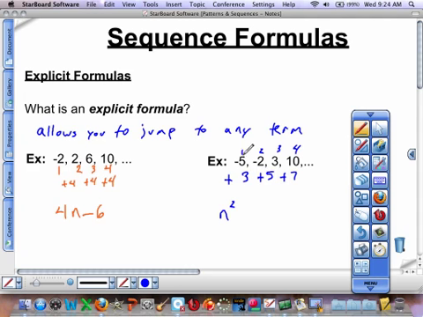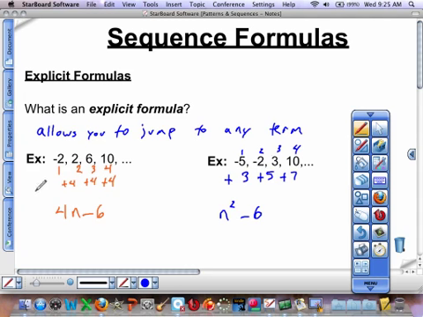Minus 5. Now how do we go from 1 to get to -5? Subtract 6. Let's see if that works. What's 2 squared? 4. 4 minus 6 is -2. Does that match? Okay, 3 squared. 9 minus 6. Does that match?